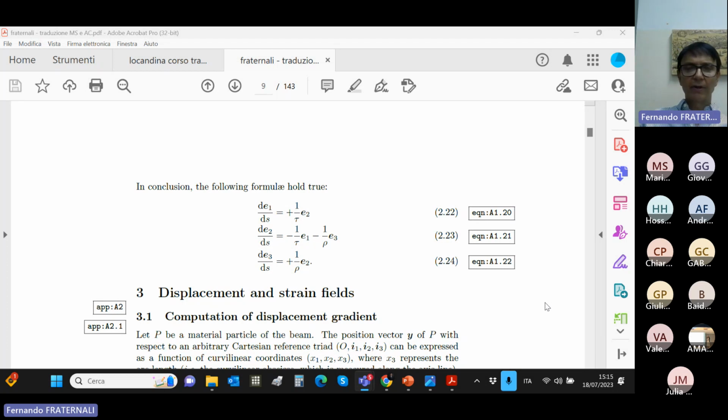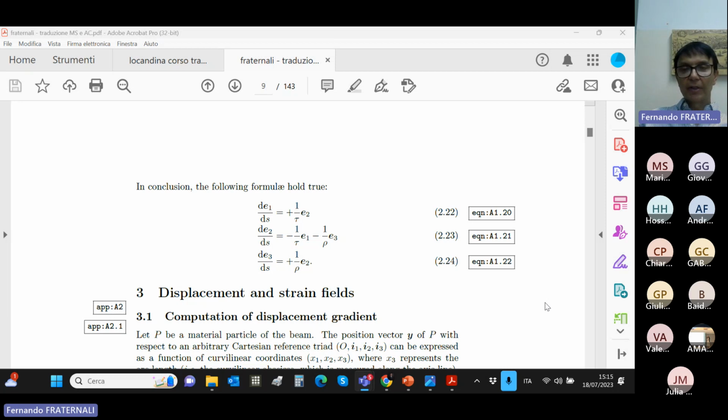So basically, if we look at the first and the third formula, they speak clearly. This curve has two curvatures, one in a plane, one out of plane. If the tangent vector changes with the arc length, we have an in-plane curvature, in the osculating plane, with radius of curvature rho, and 1 over rho is the curvature. So if the curve has no curvature in the plane, dE3 over ds will be 0.